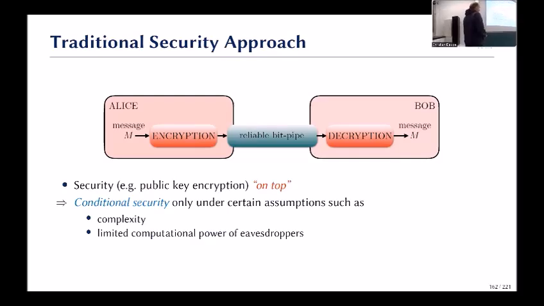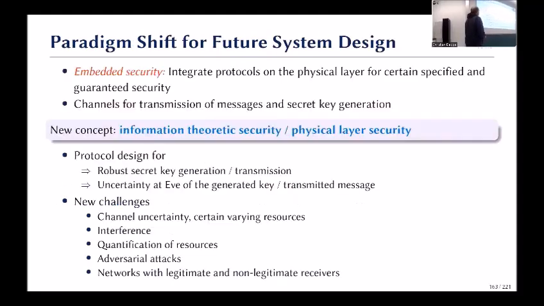That's conditional security under certain assumptions, so perhaps complexity or limited computational power of the eavesdropper. Things like RSA are used to generate the secret communication, or if both people have secret keys, you can do some security. But we want to do something different now.